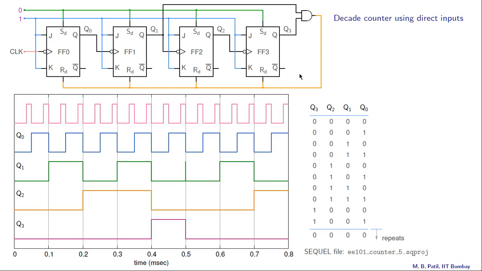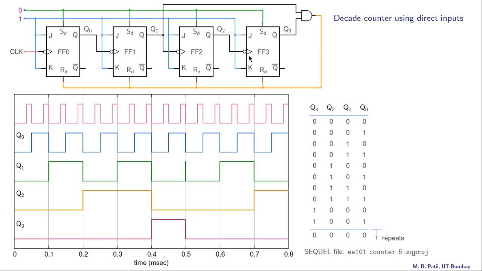Let us imagine that the SD and RD inputs are inactive and see what circuit we have got in that case. So J and K are tied together for each flip-flop and connected to 1. The clock goes to the first flip-flop, whose output is connected to the clock of the second flip-flop, and so on, like that.